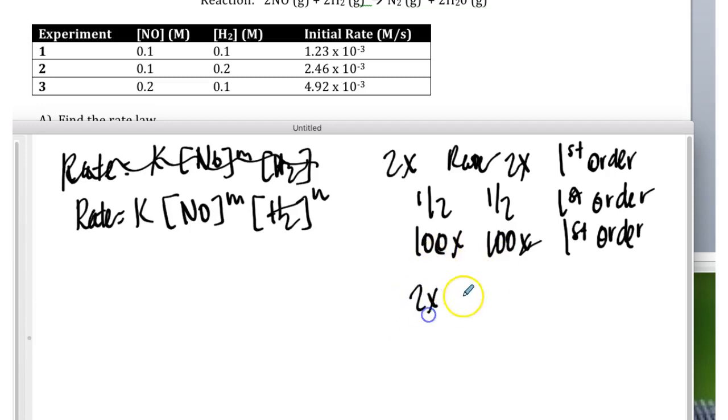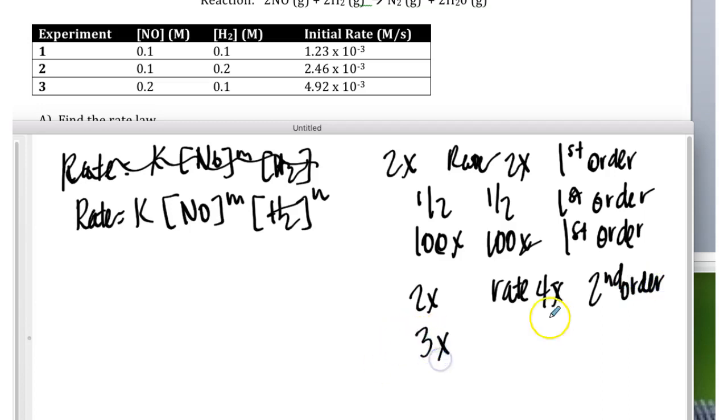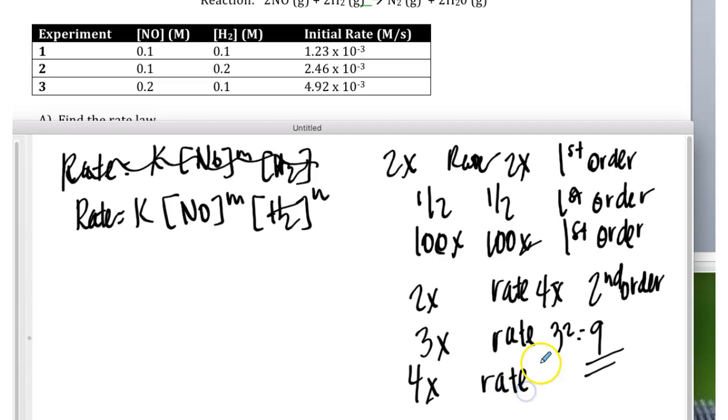But let's say you double something and then the rate increases by 4. Then that's second order. Or let's say you increase something by 3 and the rate increases by 9. Then it's second order, because 3 to the second power is 9. Or you increase something by 4 and the rate goes up by 16. Then it's second order, because 4 to the second power is 16.